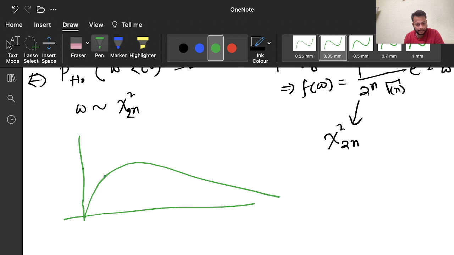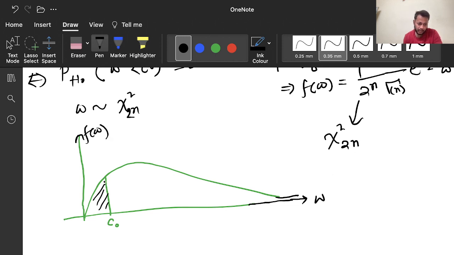Suppose this point is c naught, and this is w and this is f of w, so the probability less than c naught is alpha, and the probability greater than c naught will be 1 minus alpha. So c naught will be the chi-square 2n 1 minus alpha point.